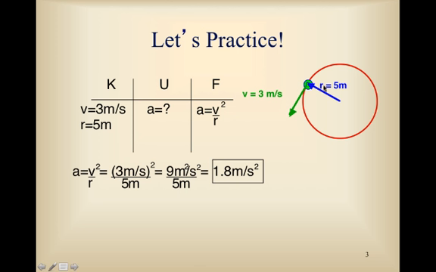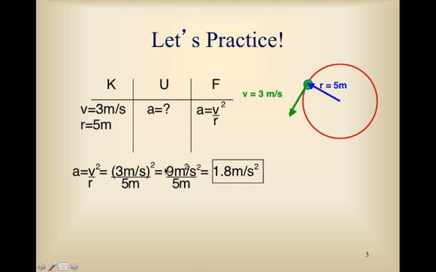So we have an object here, and it's out 5 meters away from the center of the circular path that it's on, and it's going at 3 meters per second. So our knowns here are the speed and the radius, and we're trying to find the acceleration, and so we use our acceleration equation, and this is simply plugging in.